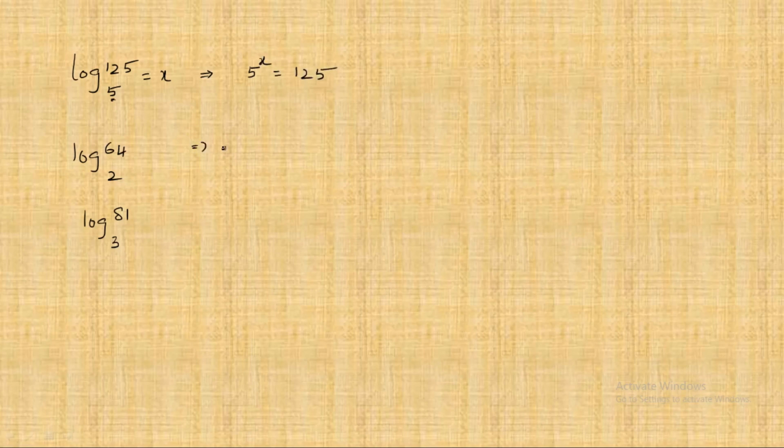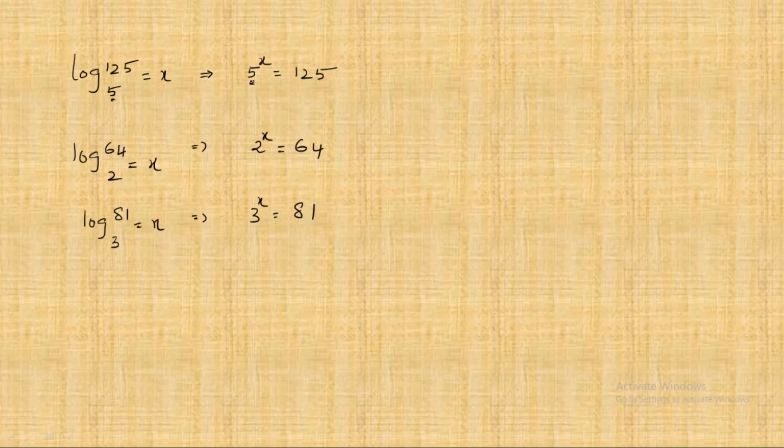Similarly here also the base is 2, so here also we let it be x, and this one is also x. Then 2 power x is equal to 64. Here 3 power x is equal to 81.